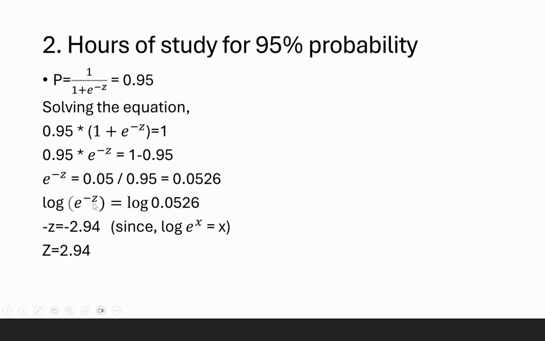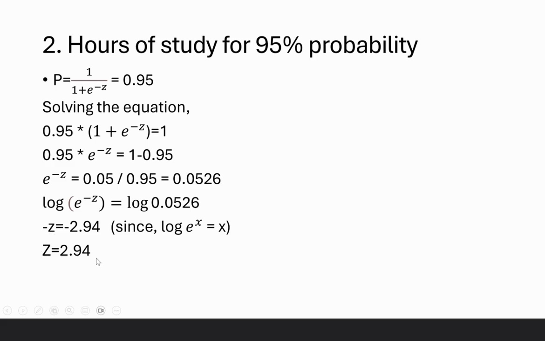So this statement becomes -z = -2.94, which is the logarithmic value of log 0.0526 to the base e. This log to the base e value can be calculated in your scientific calculator using the ln function. Hence the z value can be calculated: z is equal to 2.94.